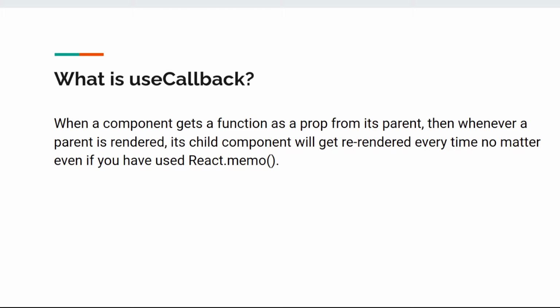Yes, that is true. You know that with React.memo, it will compare the props that you have passed, and if the props are the same, it will not re-render the child, right? But here the case is, even if I am using React.memo, if I am passing a function to my child component, it is going to get re-rendered.